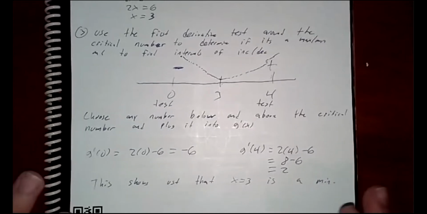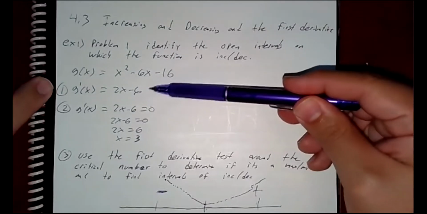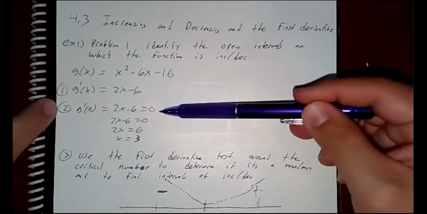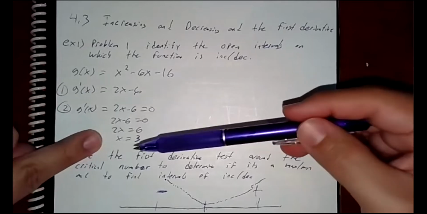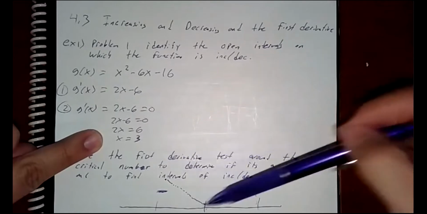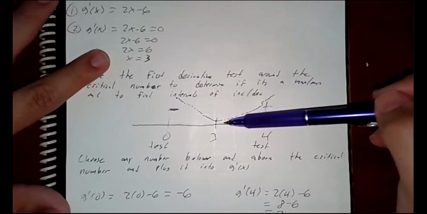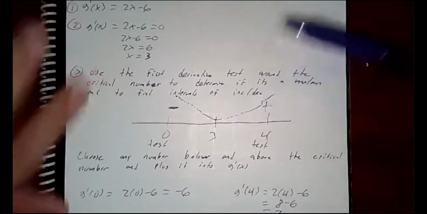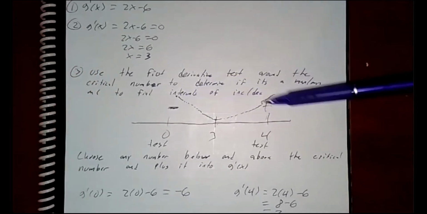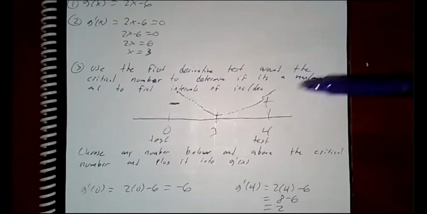So let's slow down here a little bit. First step, take the derivative, and solve for x when you set it to 0 to find your critical number. Use the first derivative test to determine if it's a maximum or a minimum. When we use the test points, that also tells us where we're decreasing and where we're increasing. So now we can answer the question.